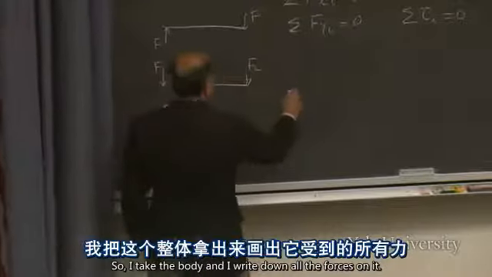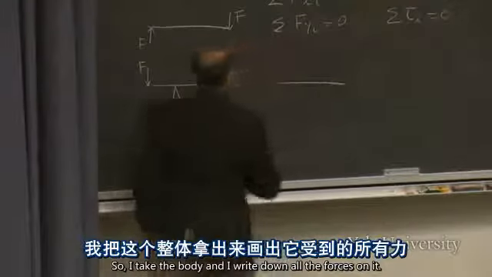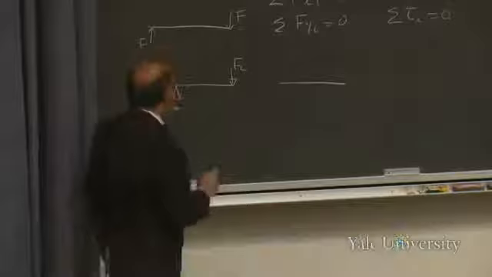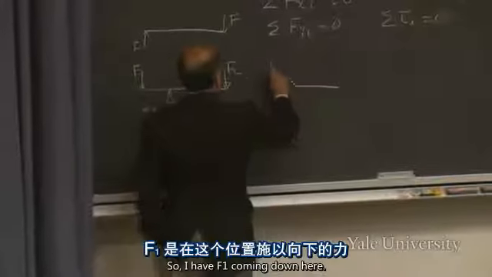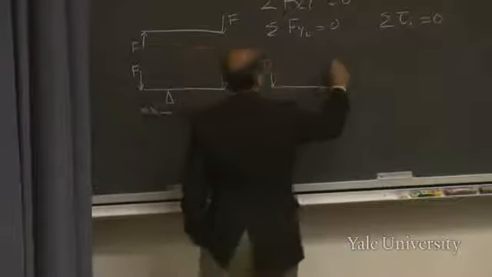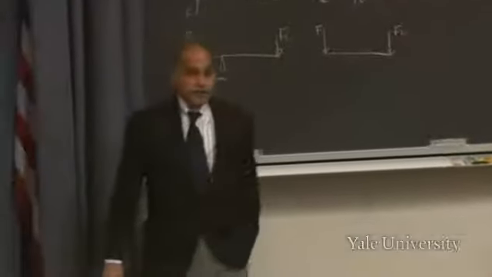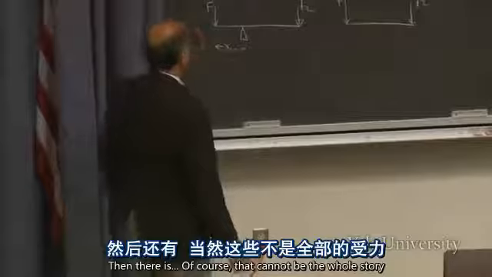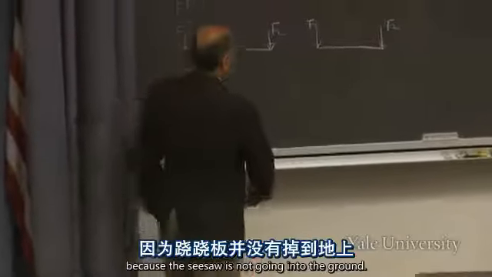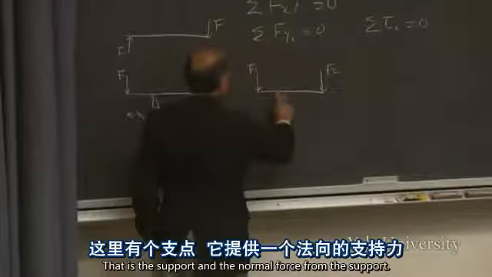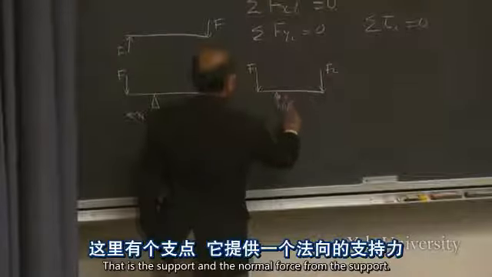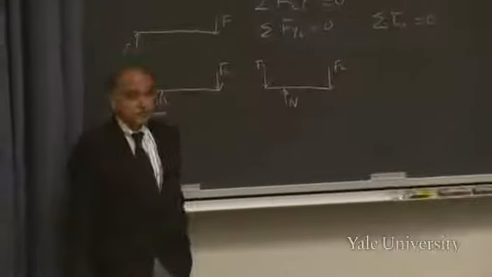So I take the body and I write down all the forces on it. So I have F1 coming down here. I have F2 there. Then there is, of course, that cannot be the whole story because the seesaw is not going into the ground. There is a support N, a normal force from the support.